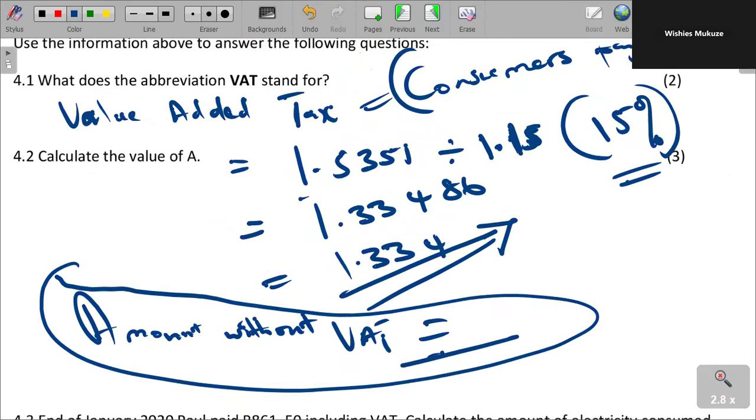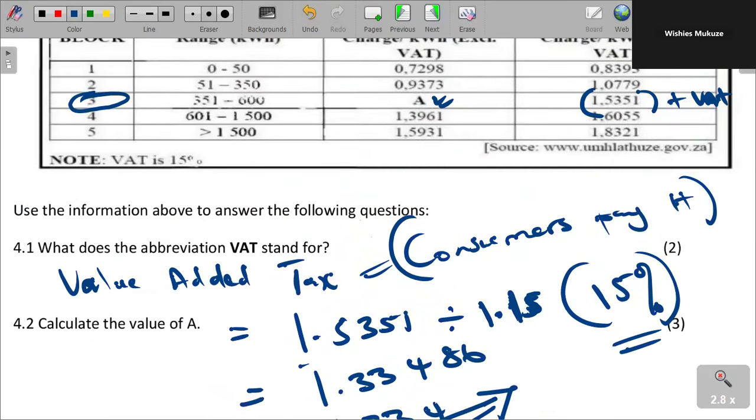And then we are saying that 112 rand 39 cents goes to block 4.